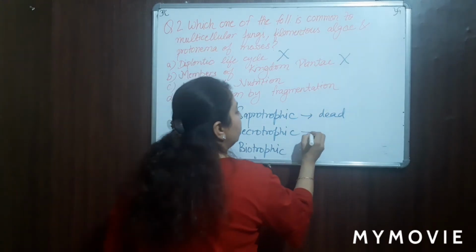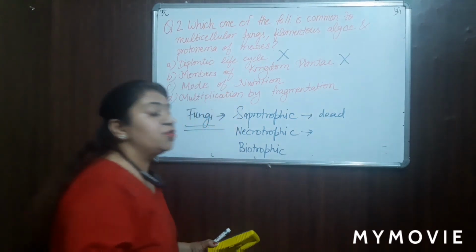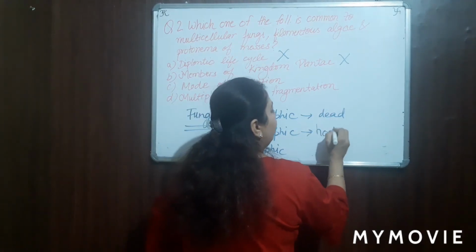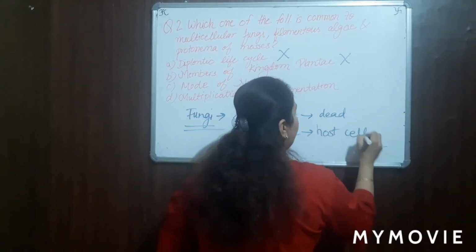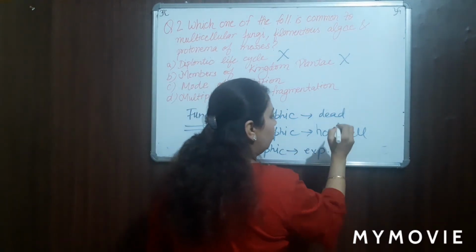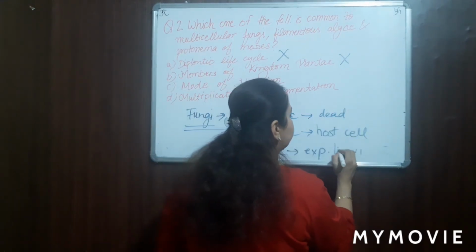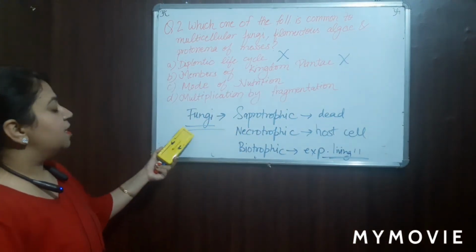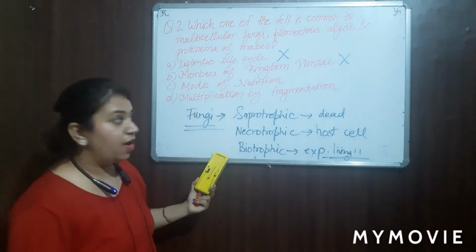Necrotrophic, it means they derive the nutrients from the host cells which are killed by the pathogenic activity. And biotrophic, it means they exploit living host cells. So these are the mode of nutrition in fungi.